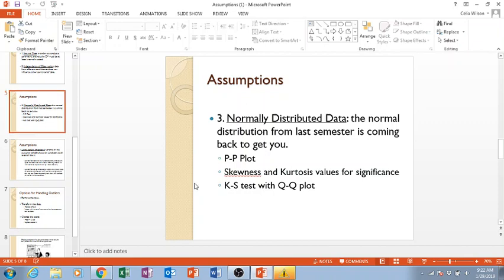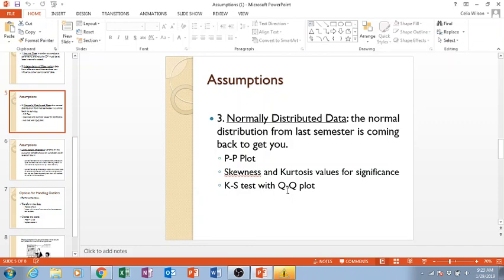But just know for now that we can check our PP plot. We can also check a QQ plot, which is similar. So the plots are a little more subjective, and we'll look at those on SPSS here in a minute. The KS test is available to you, and you can also look at skewness and kurtosis values. And what I talked about in class was, it's good to know how to do all of these, but you really only have to check one way.